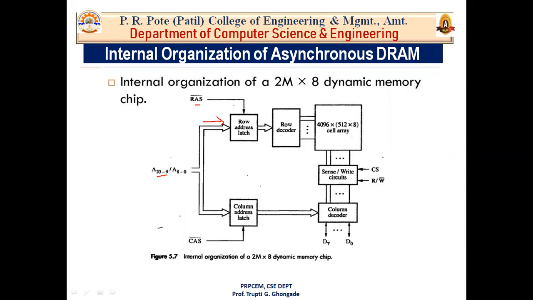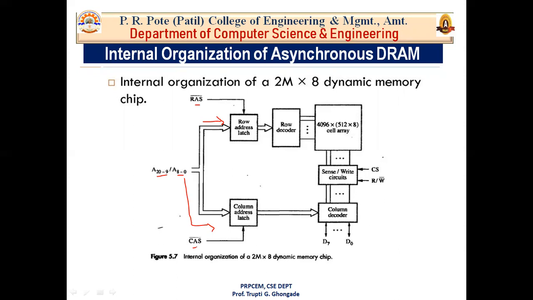Similarly, the lower address, that is 0 to 8, is given to the column address latch through the column address strobe signal. I will come to this diagram later. I want to show you how multiplexing is done.